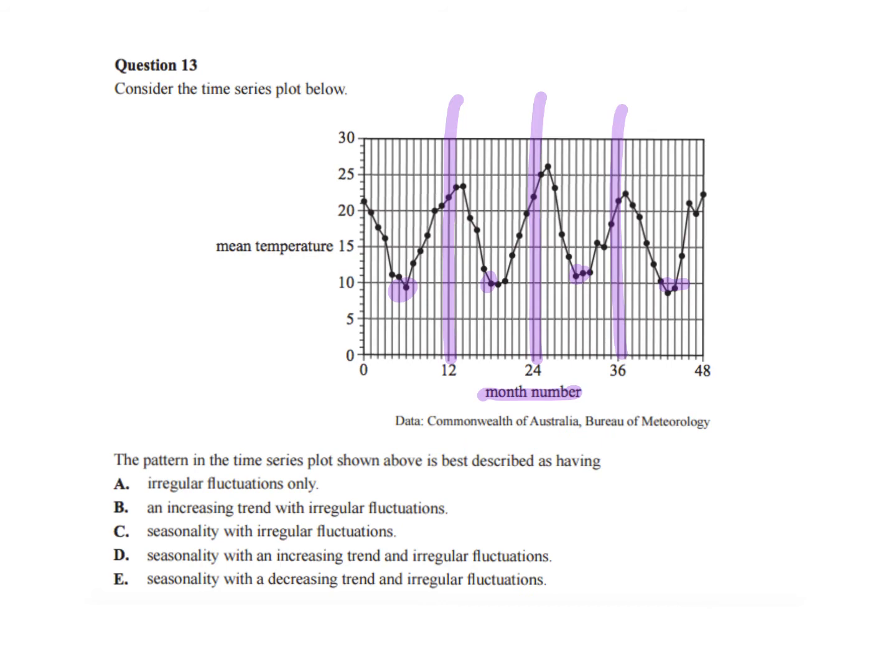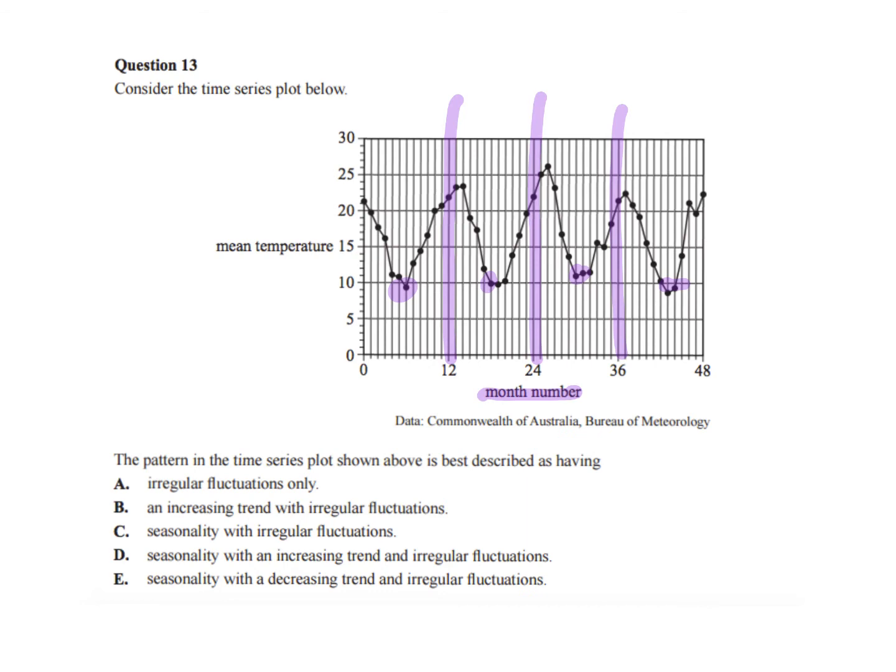Because it's within a year that you're seeing the same thing. So there's definitely random fluctuation or variation. If we go through the multi-choice, we're going to say irregular fluctuations only. No, because we can see a little bit of seasonality. So we might say that it's seasonality.